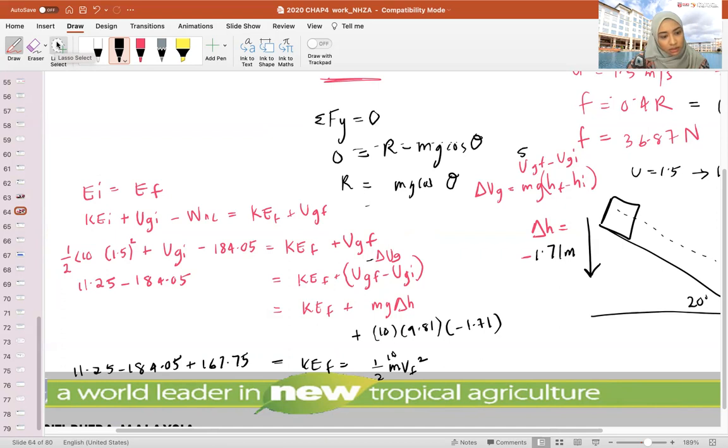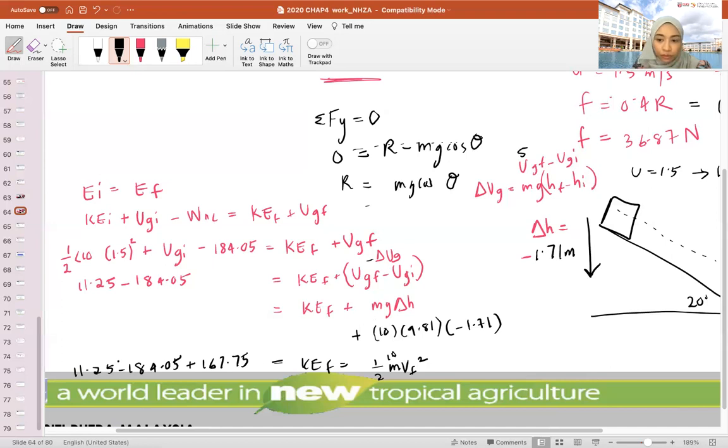I made a mistake somewhere. Saya punya value semua betul ke? Okay, I need to double check on this. I think my values over here is wrong because it's not supposed to be negative. Because ada square root kat sini. It won't work if it's a negative.